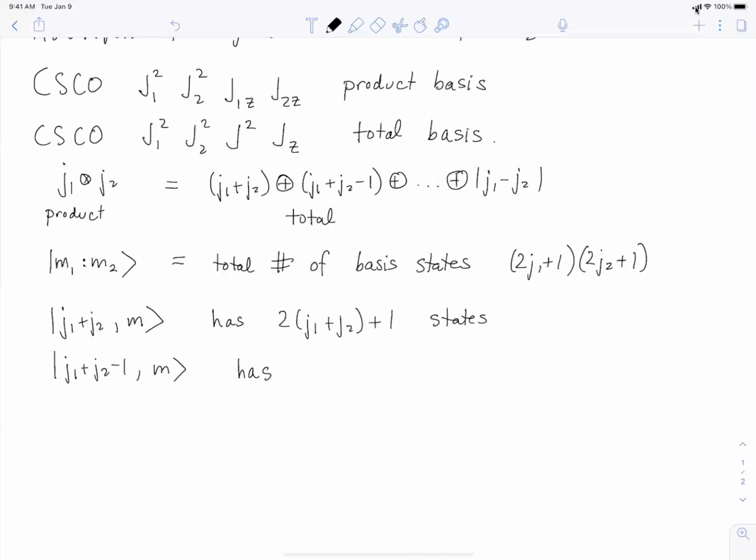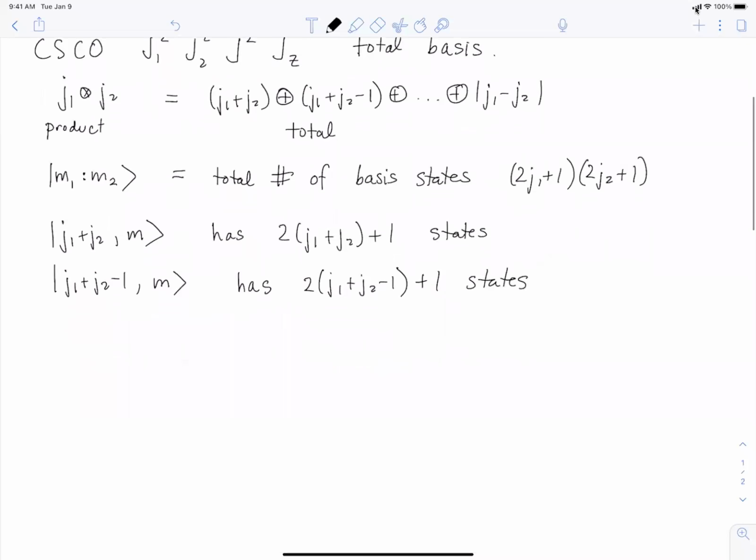And the number of those is 2 times the J for that, plus 1. That's the number of different M values. And then you keep going, and finally you have absolute value of J1 minus J2, M. That has 2 times the absolute value of J1 minus J2, plus 1 states.